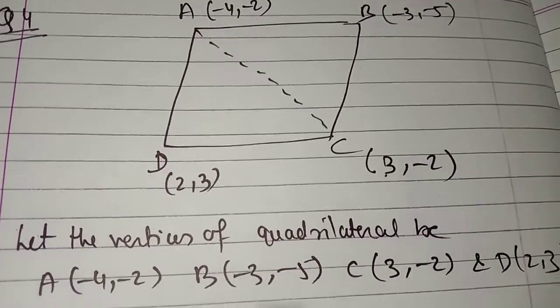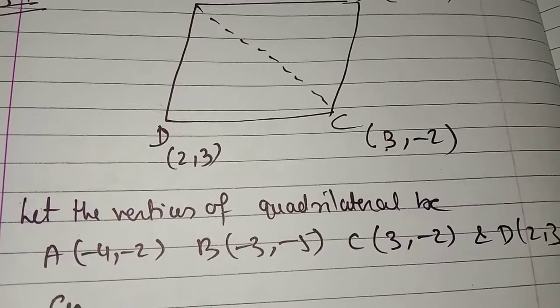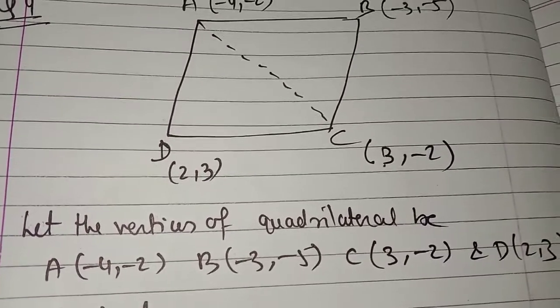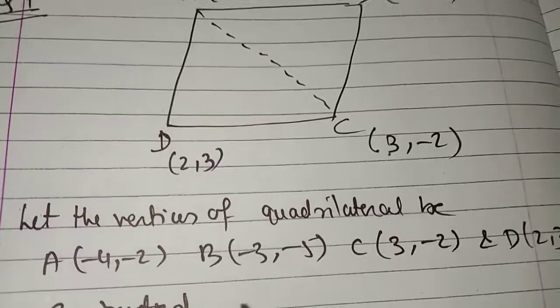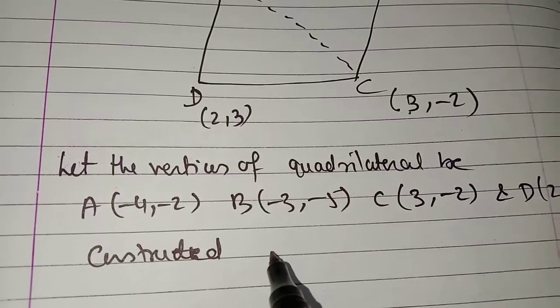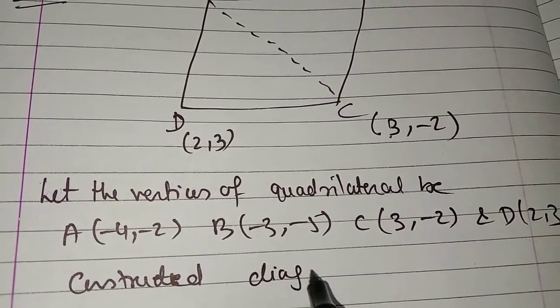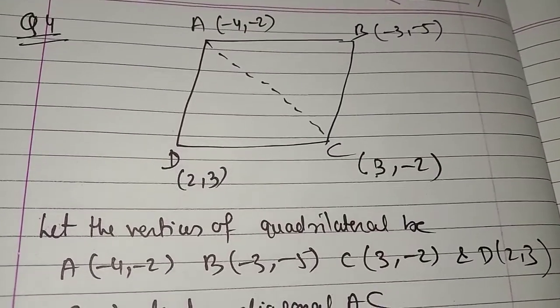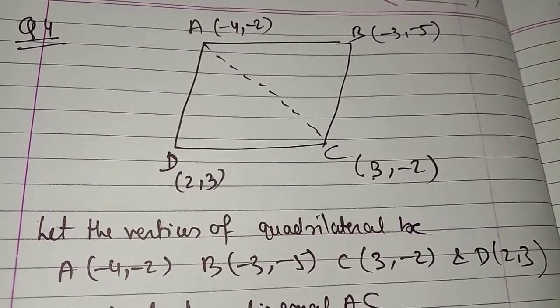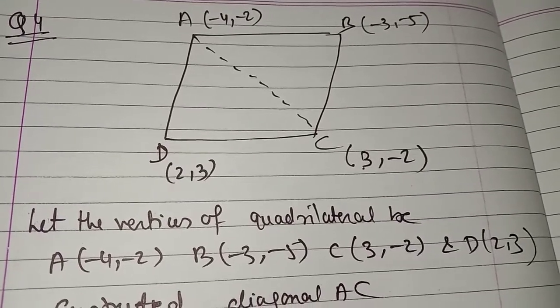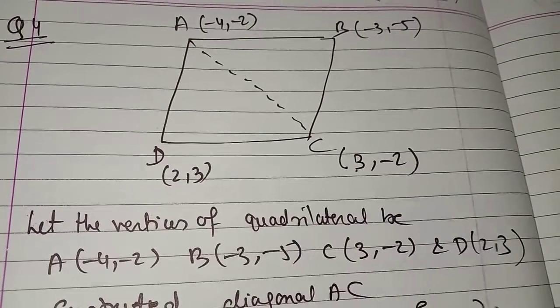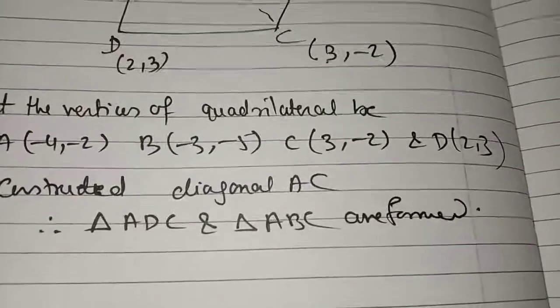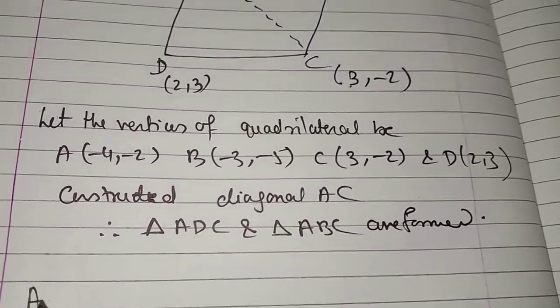Okay, so construct diagonal AC. Therefore two triangles, triangle ADC and triangle ABC are formed. Okay, two triangles are formed. So let me find out area of triangle ABC.